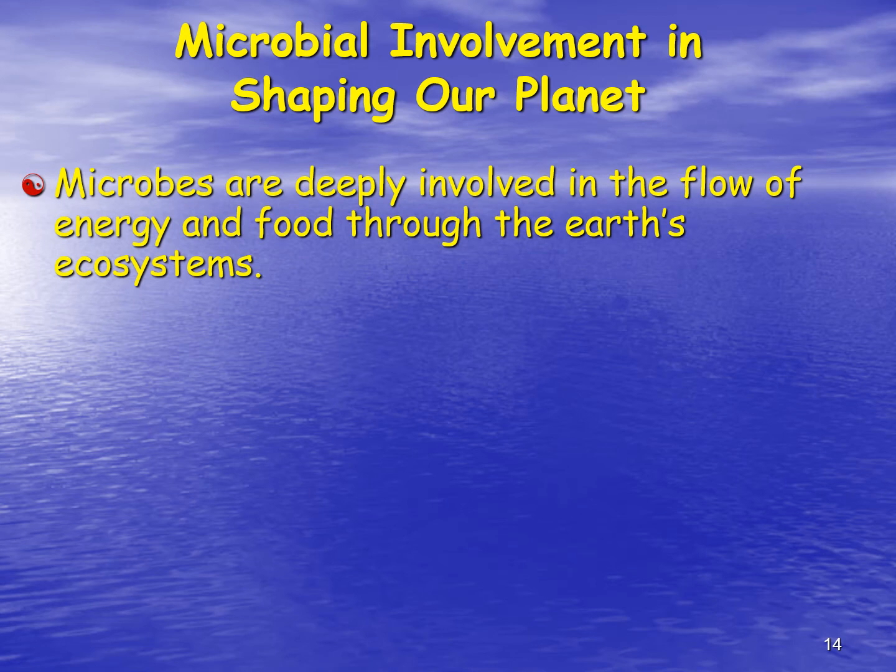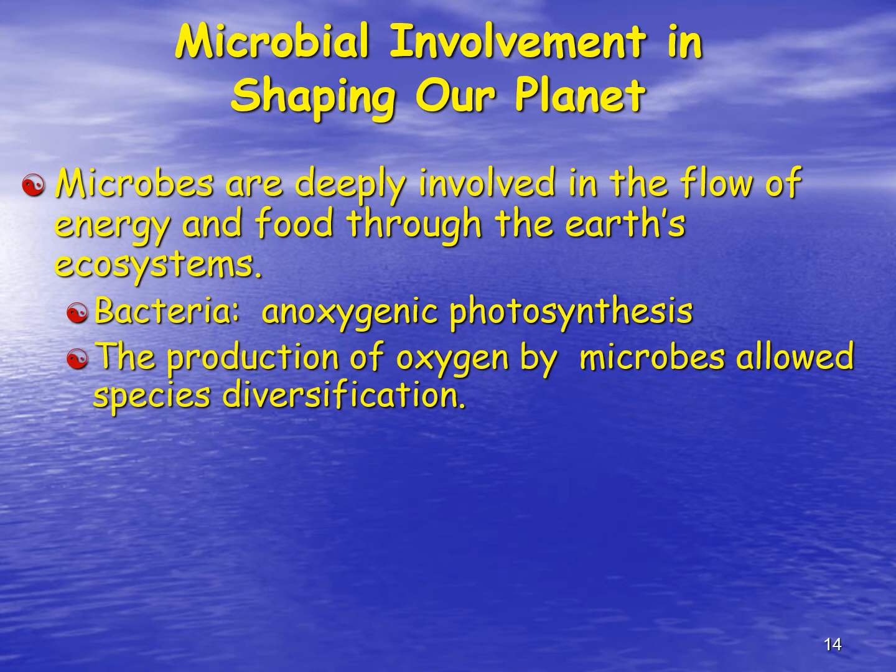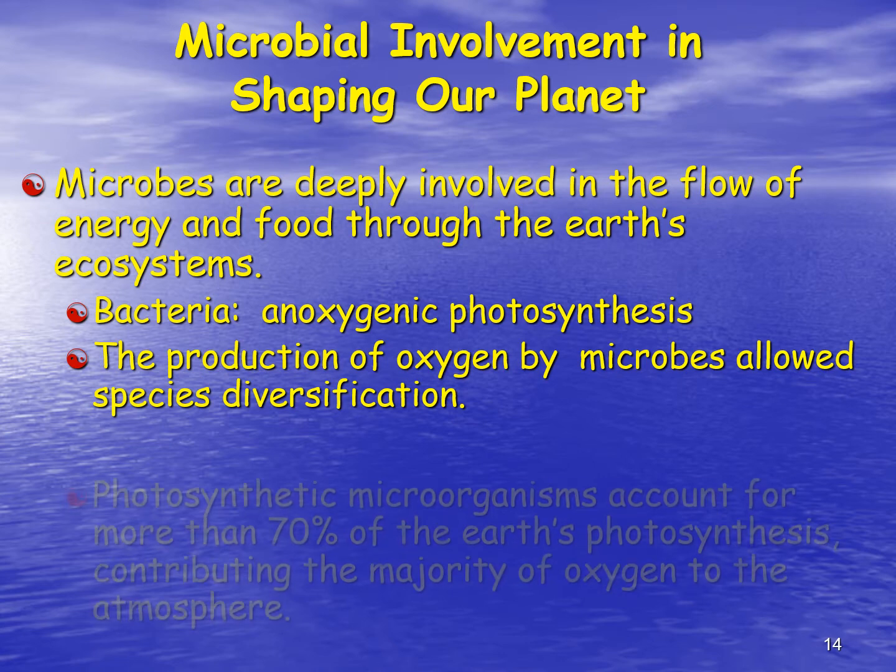Microbes have been deeply involved in the flow of energy and food through the Earth's ecosystems. Some bacteria are what we call anoxygenic photosynthesizers, meaning that they use light to produce their energy, but they do not produce oxygen in the atmosphere. The production of oxygen, though, by microbes that do that process has allowed for species diversification.